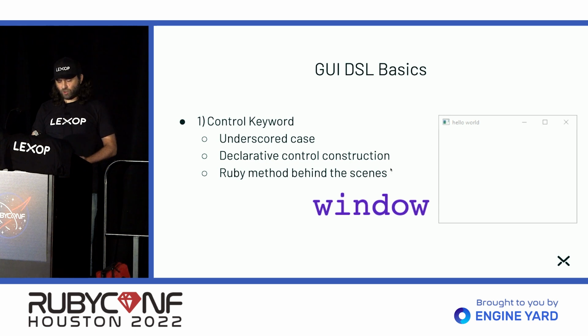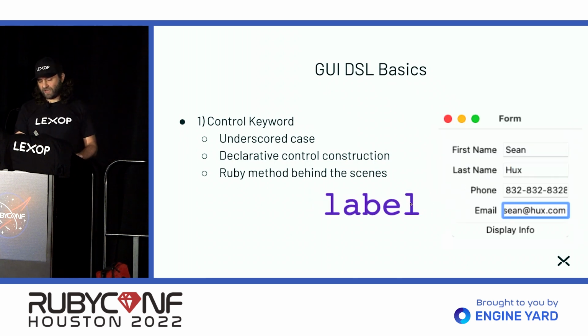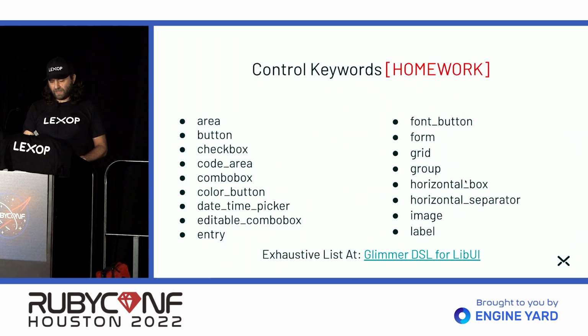They usually are declared declaratively. They're in underscored case, meaning lowercase, the Ruby way of naming methods. And they're actually Ruby methods behind the scenes. For window, you just say window, and it gives you a window. You say button, you get a button. You say label, you get a label, entry, and so on.